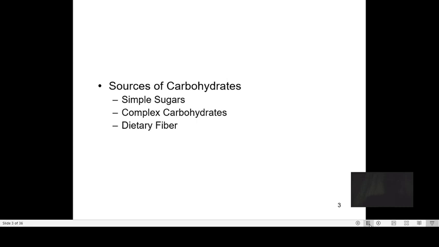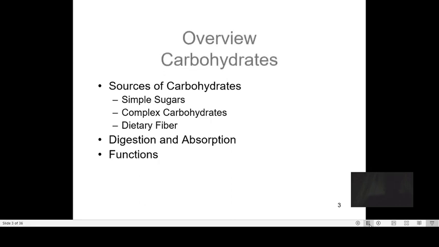But basically, as human beings, the ones we know mostly are simple sugar and complex sugar. We're also going to look at digestion and absorption. You must have done this in biology, but I will still talk about it, and their functions.